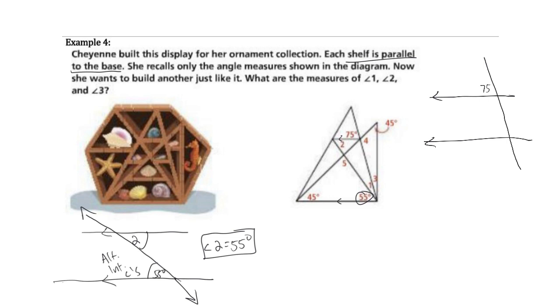Let's get 75 degrees, and then we also have a line crossing here. So we have angle 1 and 55 degrees.